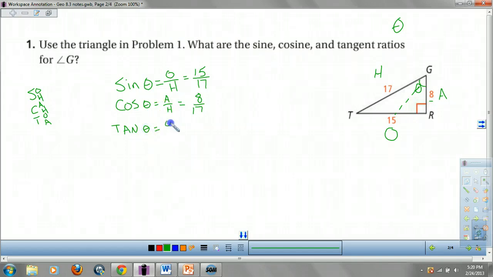Well, tangent is your TOA. Not teo, TOA, which is your opposite over adjacent. My opposite's 15, my adjacent was 8. You guys just did trig. It's easy peasy lemon squeezy.